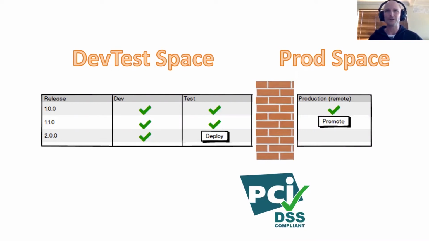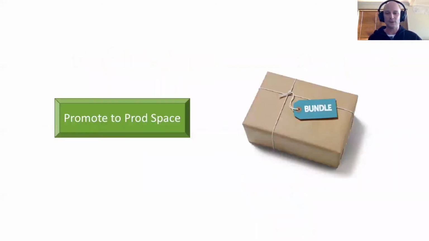That probably involved a USB key or some kind of manual carrying of that release and the packages across to the remote space, to the prod space. Then 1.1.0 has gone through dev and test and is now ready to go to production. But how do you get it over there? What we're hoping to do is a great big green button like we usually do that says promote to prod space.